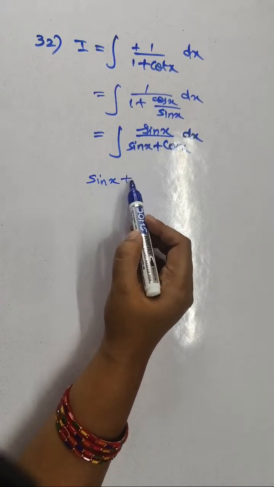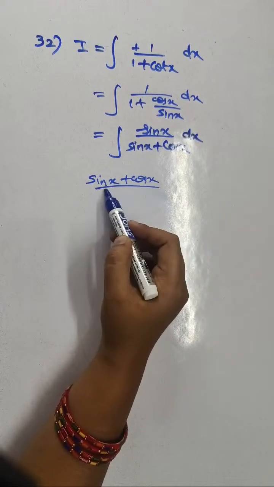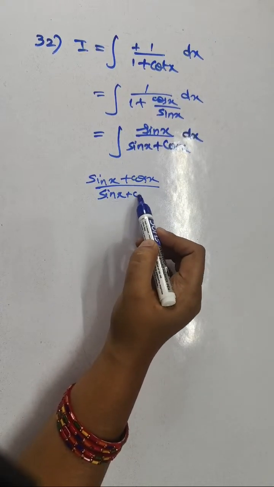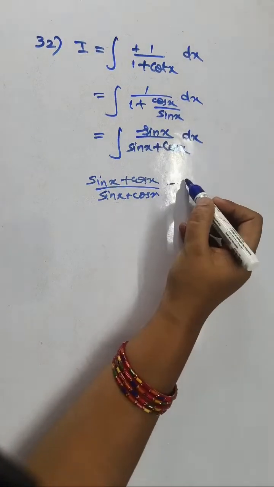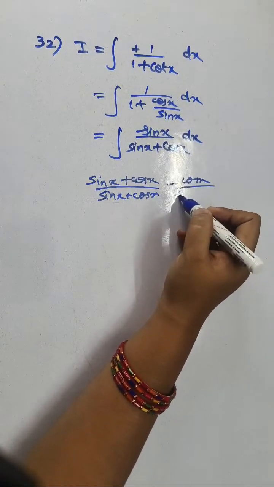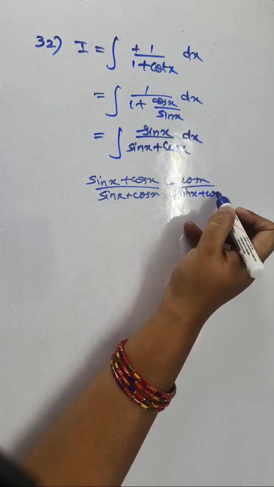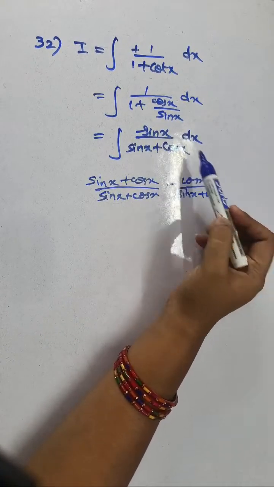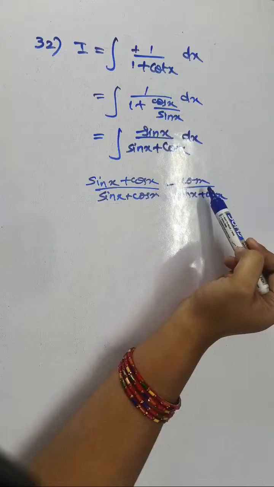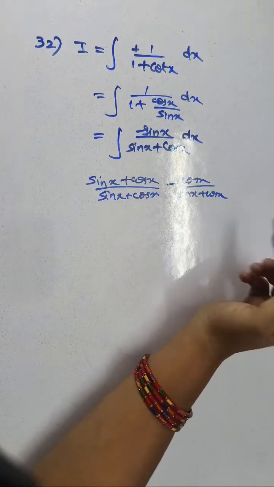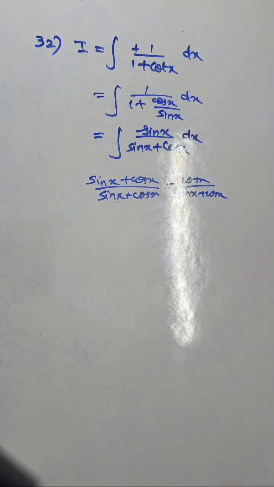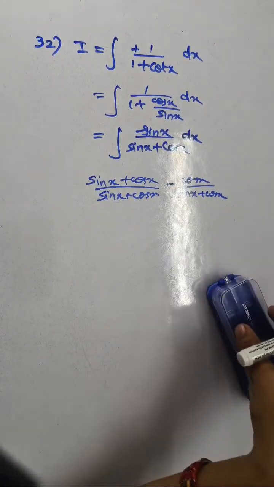Sin x plus cos x by sin x plus cos x. The terms will get cancelled because you are adding and subtracting cos x in the numerator. So you'll have minus cos x by sin x plus cos x. Again, you will end up in the same format. Only difference is in the numerator you have sin, here you have cos. Again, if you add and subtract sin, this will repeat, it will be a loop.